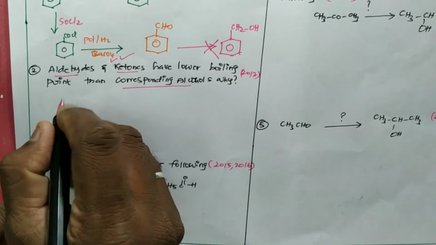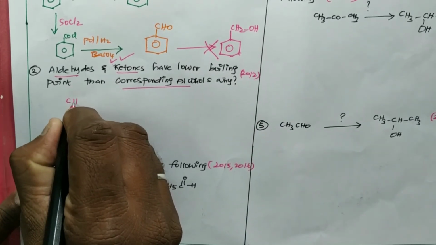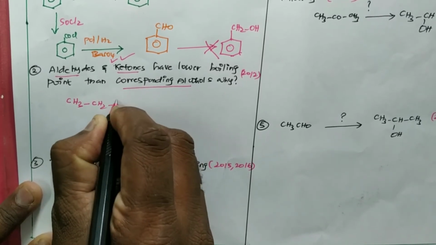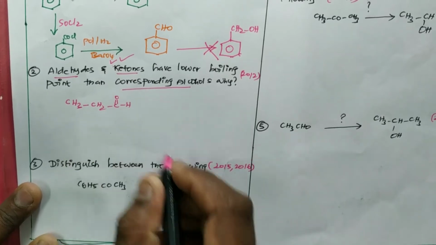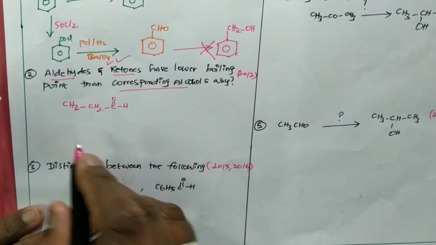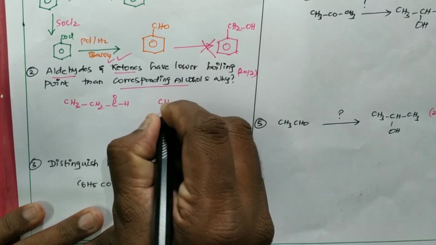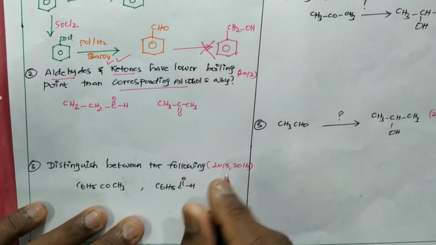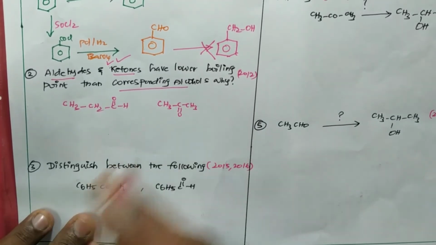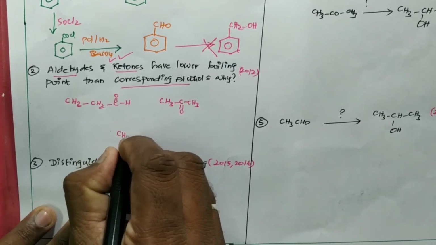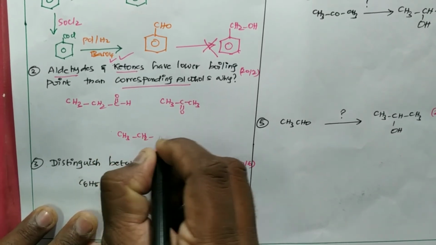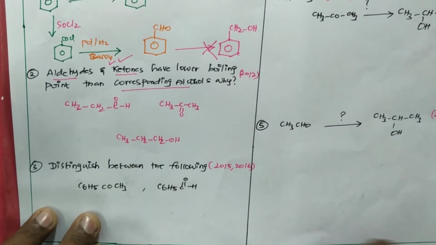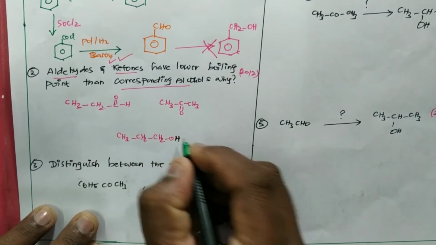Suppose I take CH3CH2CHO, this is an aldehyde, a 3 carbon containing aldehyde, and CH3COCH3, a 3 carbon containing ketone. Similarly, CH3CH2CH2OH is a 3 carbon containing alcohol. Which one has the higher boiling point?